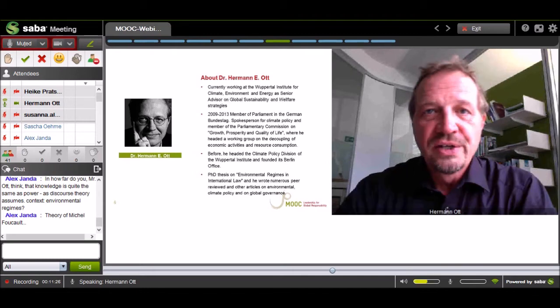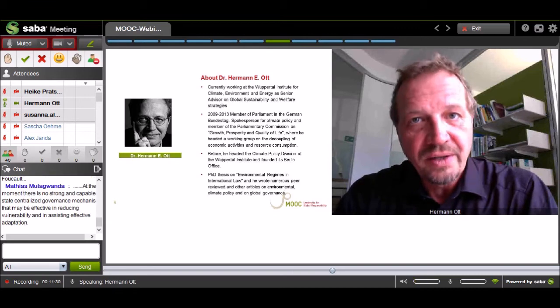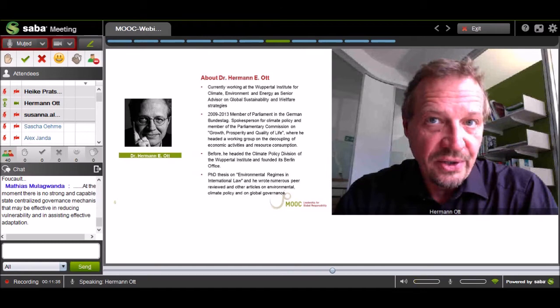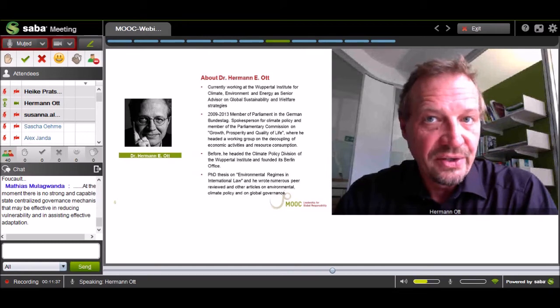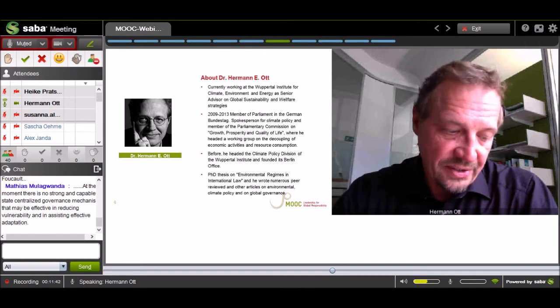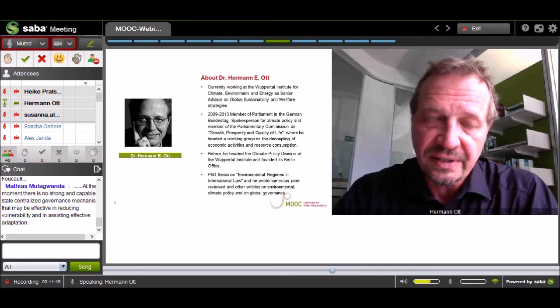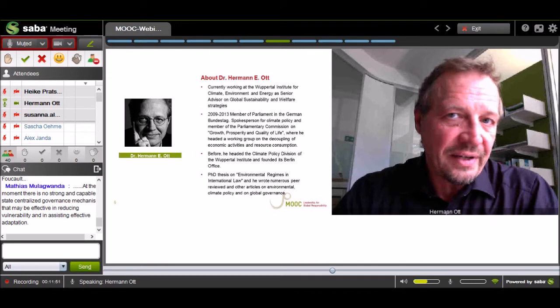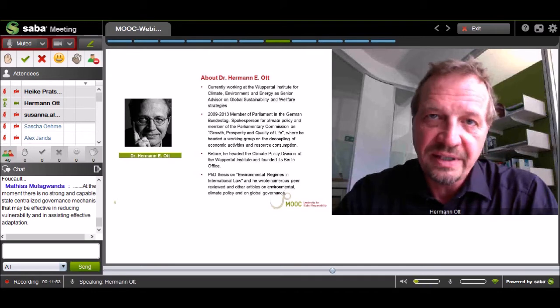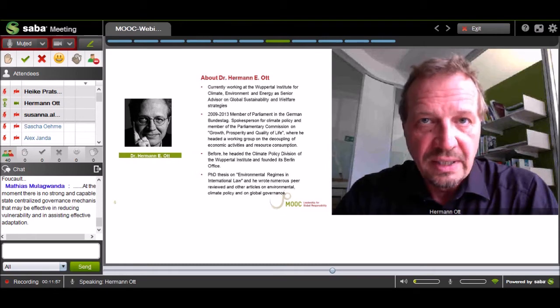I called it a club approach at that time, because it involved a membership fee. Everybody who wanted to join would have had to take on certain commitments. That idea was not successful, because especially the AOSIS countries, the Alliance of Small Island States, feared that they would be left out under such conditions and could not have been part of the Kyoto Protocol.